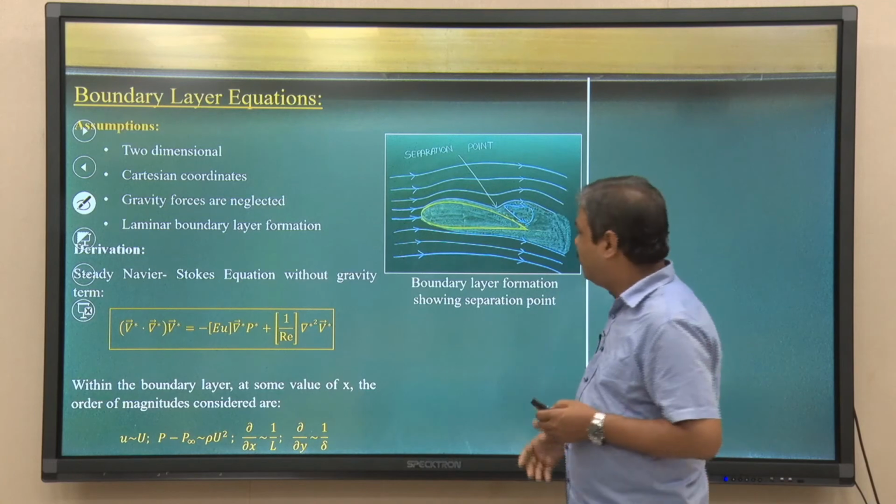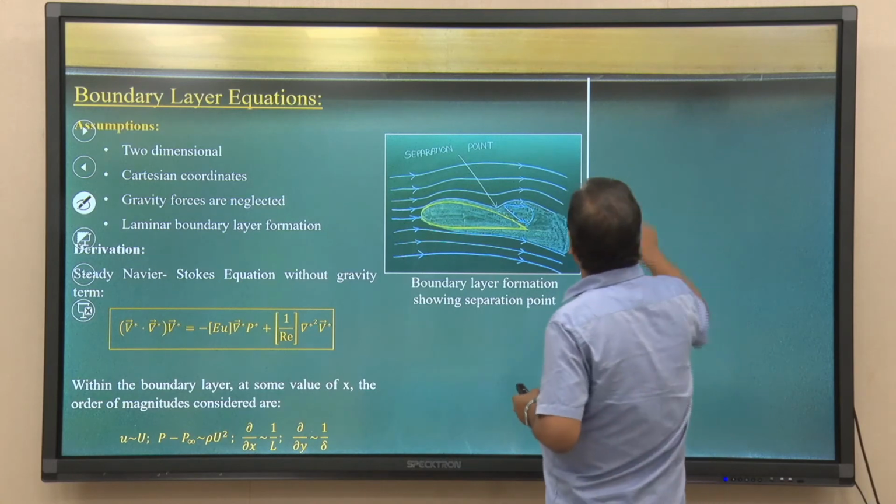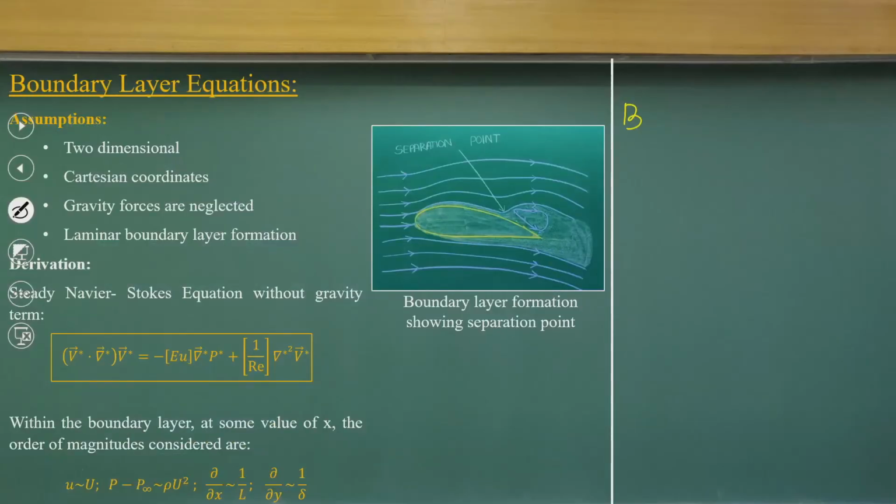Okay. So, the first part is called the boundary layer coordinate system. Let me try to show it. This is a great simplification, and that is the strength of the boundary layer approximation.